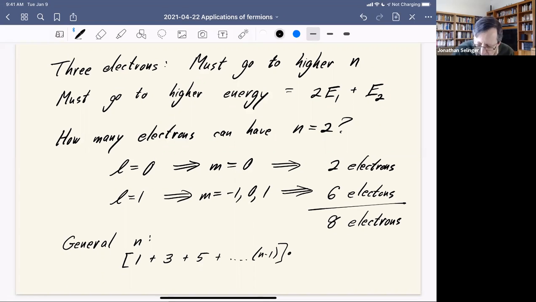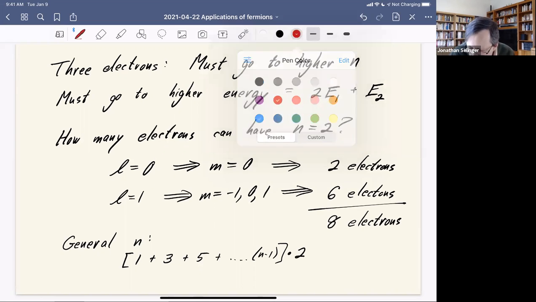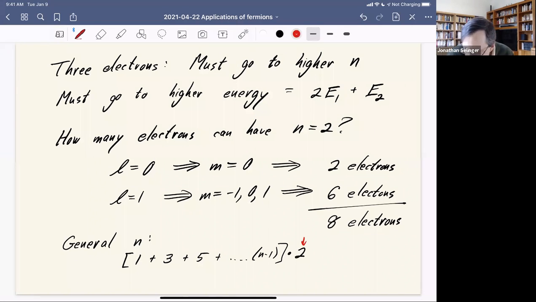And then times 2 because of the spin, right? 2 for the spin because there is room for 2 spins associated with each set of n, L, and M. So if you add up this series, that's equal to 2n squared.